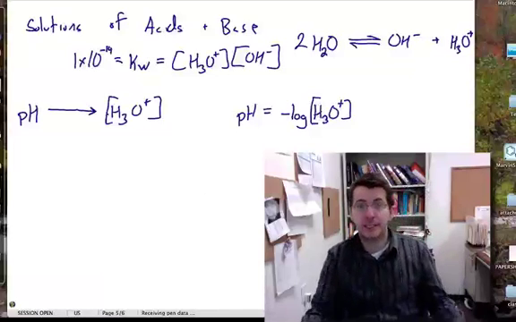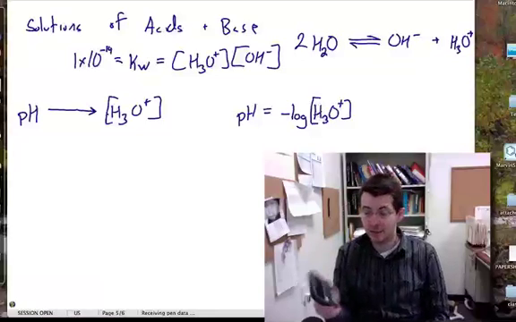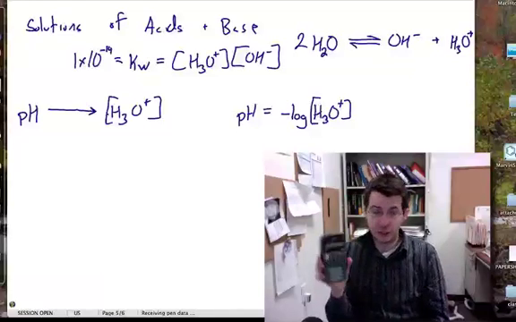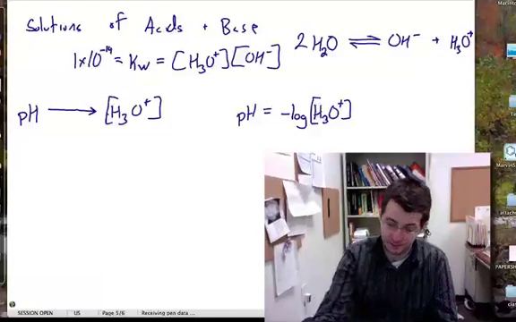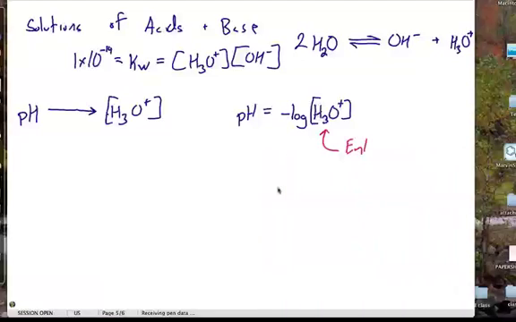Now, on your calculator, depending on which calculator you have, you would enter this a number of different ways. On these style calculators, usually the way you do it, you enter the H3O+ concentration first, and then you hit the log button, and then you just take the negative of it.